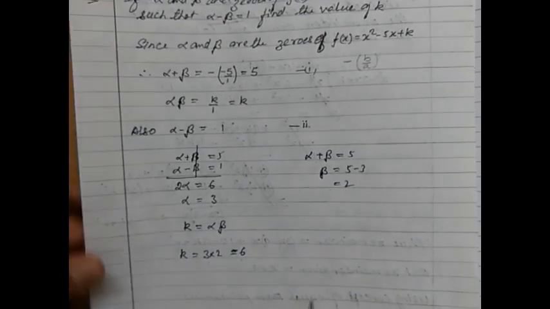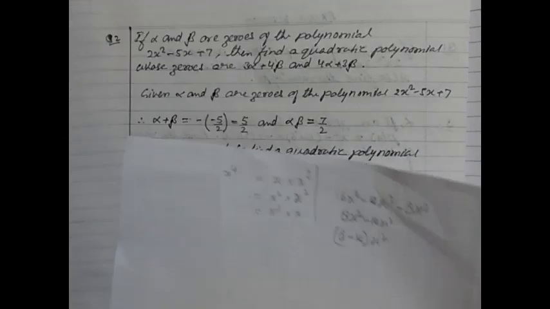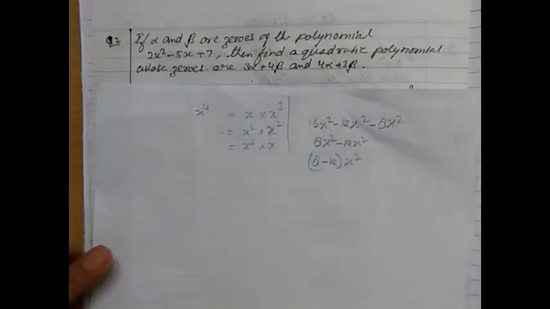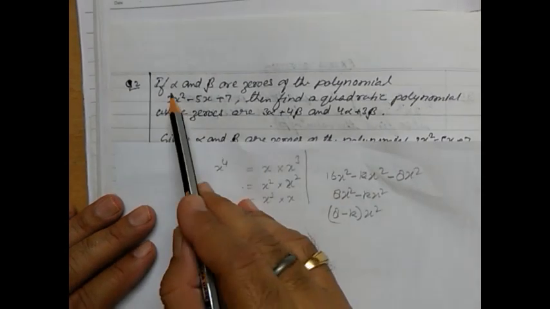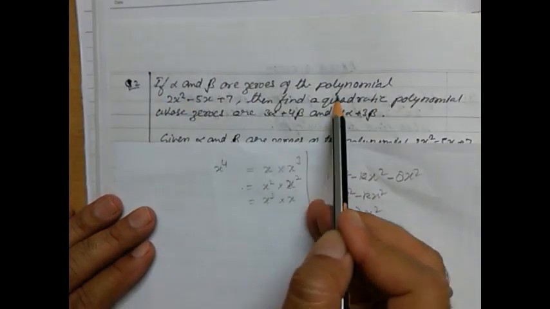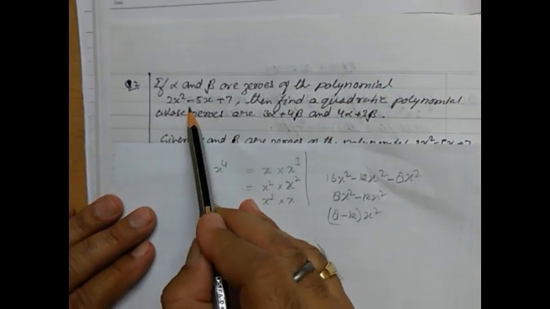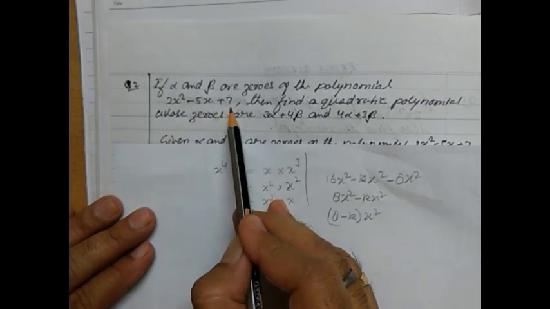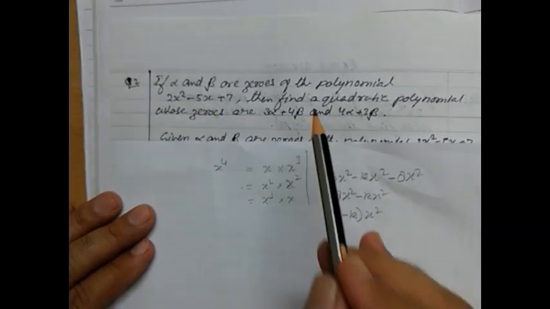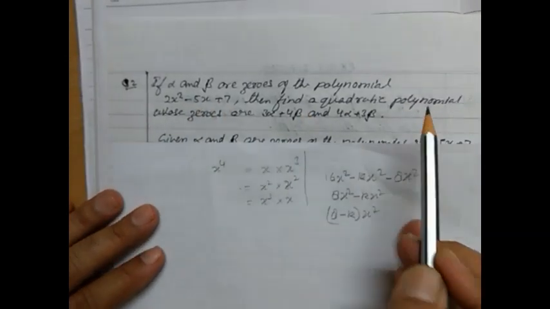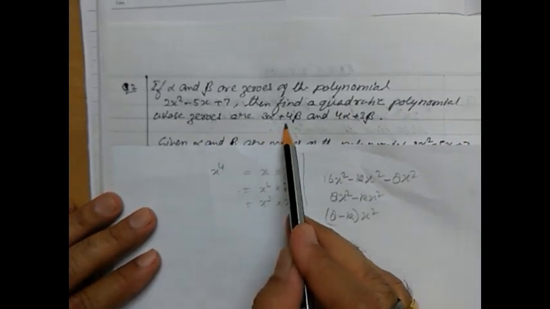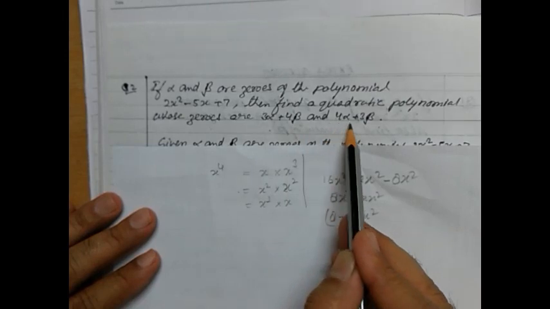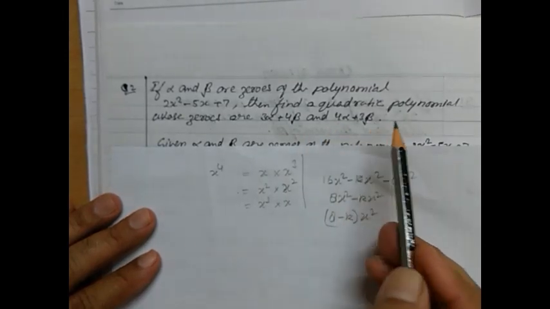And another question which was asked in the board, this is another kind. Here it says alpha and beta are zeros of the polynomial 2x square minus 5x plus 7. Then find a quadratic polynomial whose zeros are 3 times alpha plus 4 times beta and 4 times alpha plus 3 times beta.